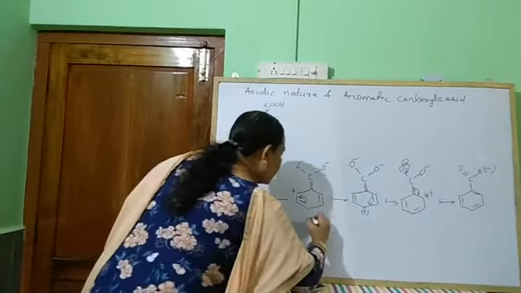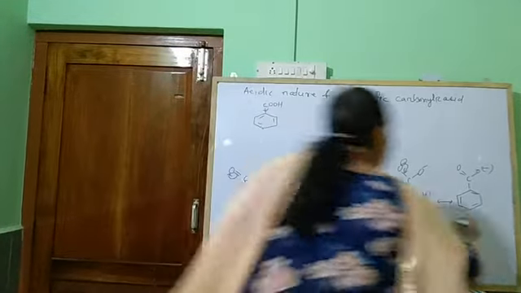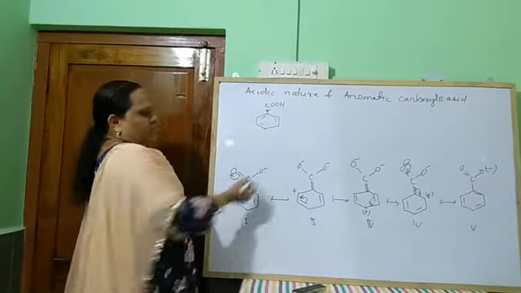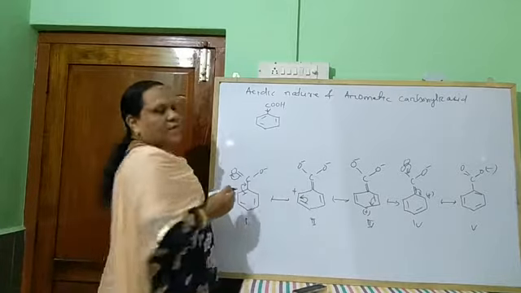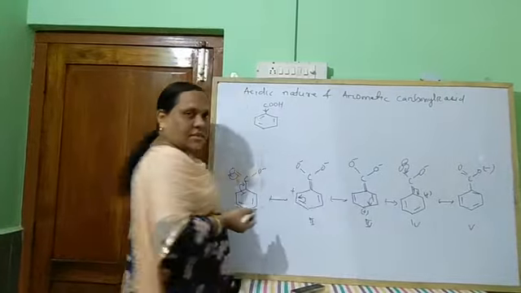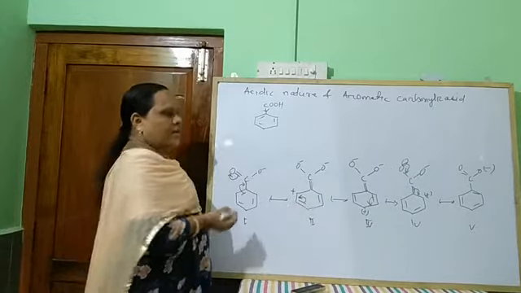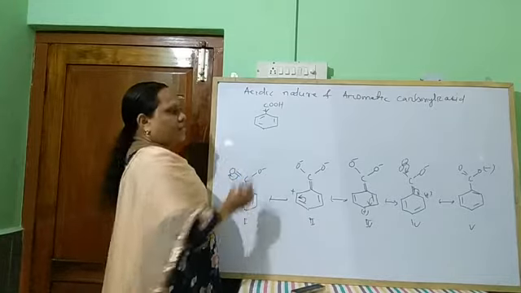Structures 1, 2, 3, 4 and 5. So due to this mesomeric effect or minus M effect, the electron density on the oxygen atom increases. In this way it destabilizes the benzoate ion. As a result, it is a weaker acid than formic acid.